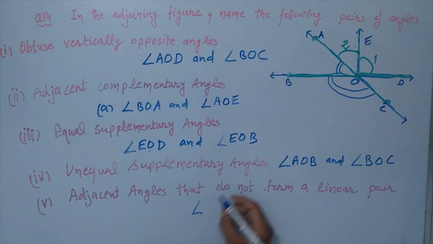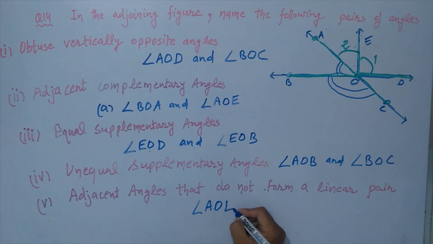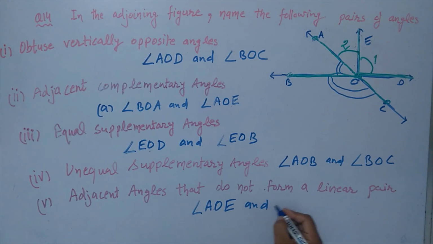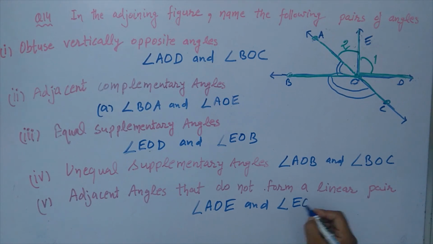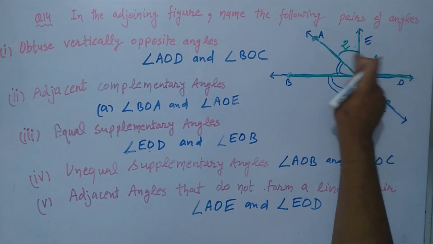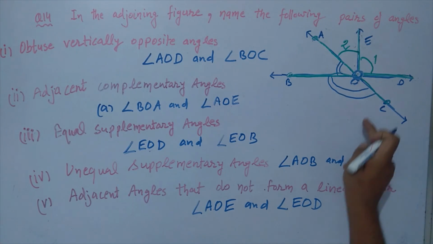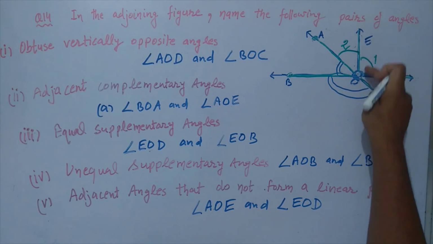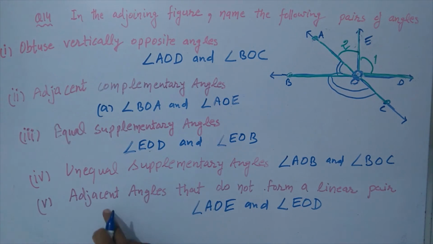So angle AOE and angle EOD, these two angles are adjacent angles because their initial point is common, one ray is common. So these two angles are adjacent angles but they do not form a linear pair. That's all. Thank you very much.